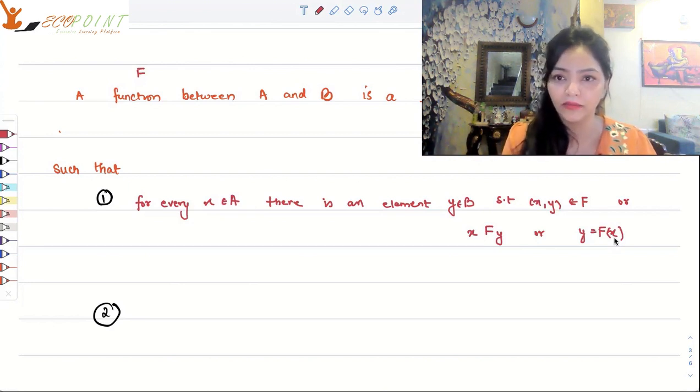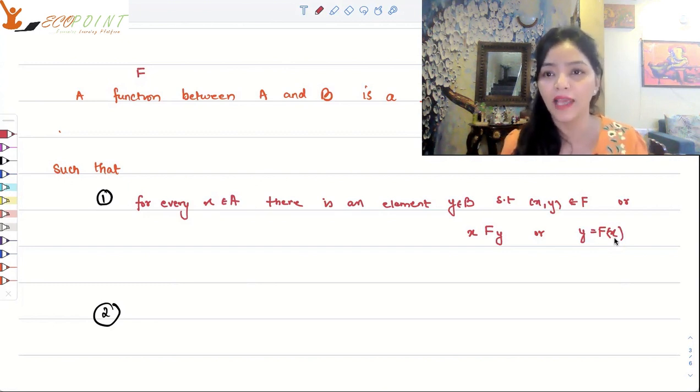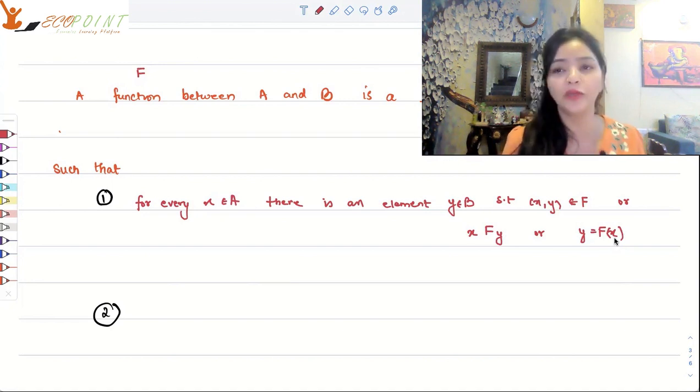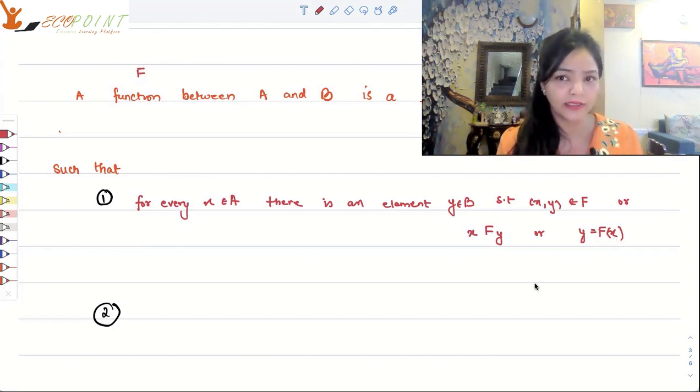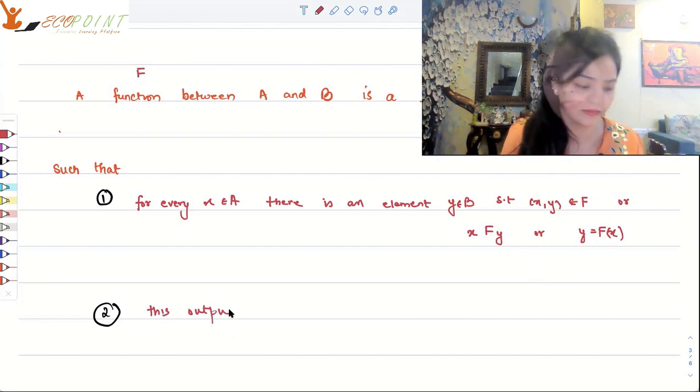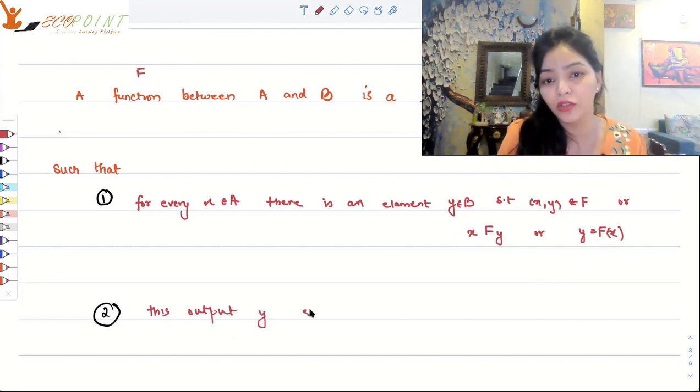So basically, we are saying that every input in A must have an output. You cannot just put something in the machine and nothing comes out. No, that cannot happen. When you put something in the machine, something has to come out. And this output that you are getting should be unique. This output Y should be unique.